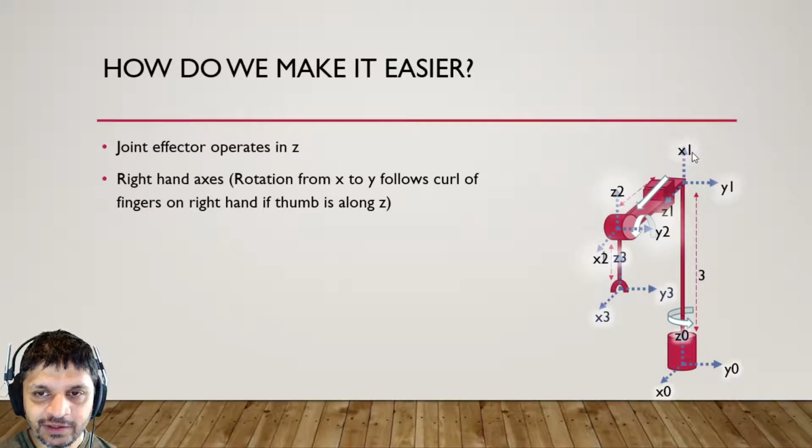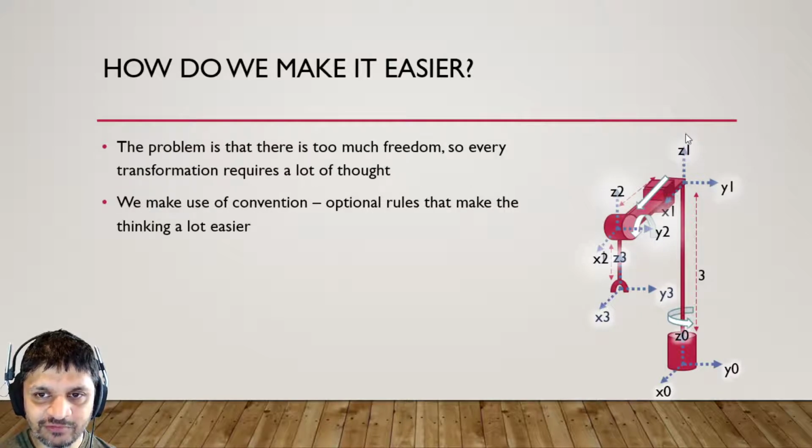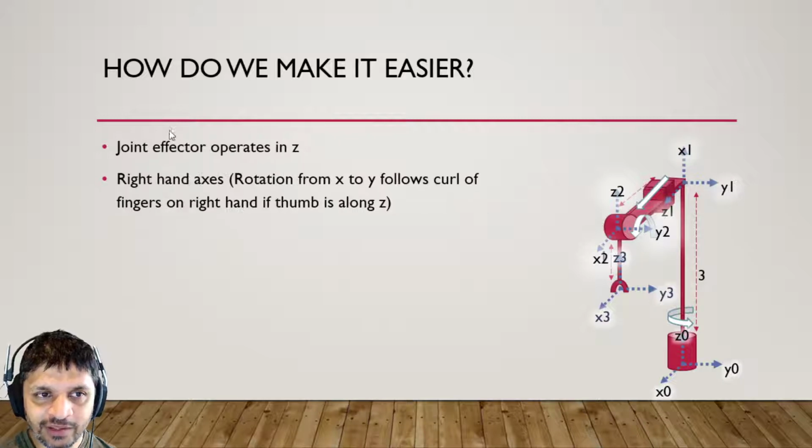In this case, what I had previously was I had Z facing up here, right? Same as it is down here. But in order to obey this rule that the joint effector operates in Z, I need my Z to be pointing along this axis, because this joint, which is prismatic, extends or retracts in this Z axis.